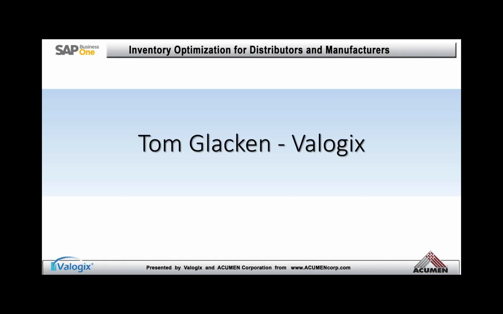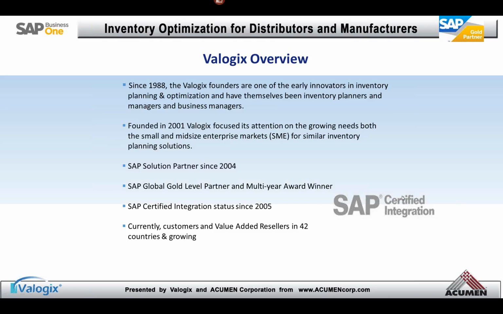And thank you, Chip. I really appreciate the opportunity to speak today. So I thought I'd begin my session with just providing a little bit of background about Vologix. Vologix founders have been specializing in inventory planning and optimization since 1988. They were actually one of the early innovators in recognizing that the Gordon Graham way could be improved upon.